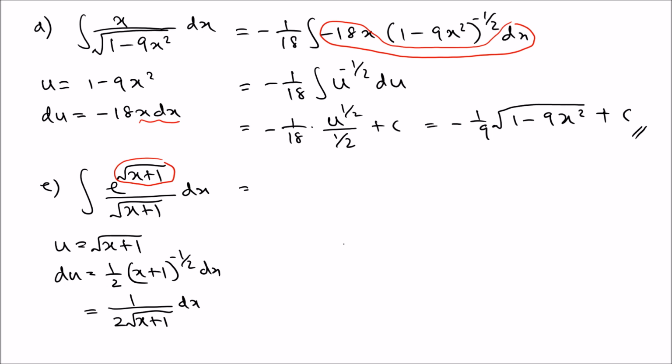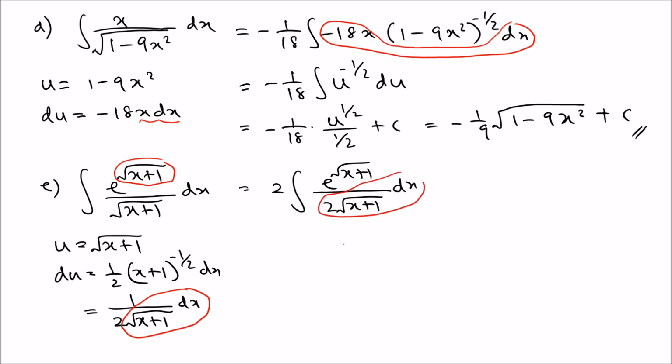So we don't want to worry about this part because that's already there. The 2 is not there in the denominator, so that means we can multiply and divide by that. That means we can do a rearrangement. So we can rewrite it as 2 times e to the square root of x plus 1, over 2 times the square root of x plus 1, dx. Now we have everything in the right order, because this whole thing is du.